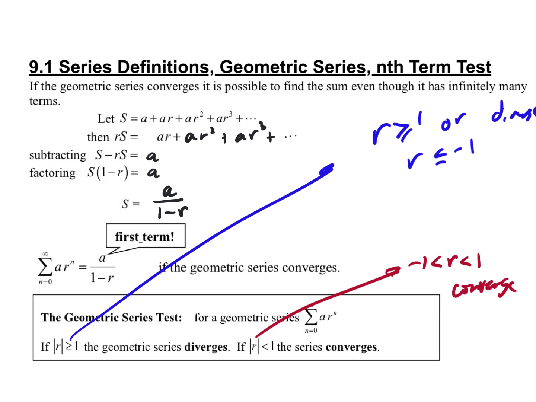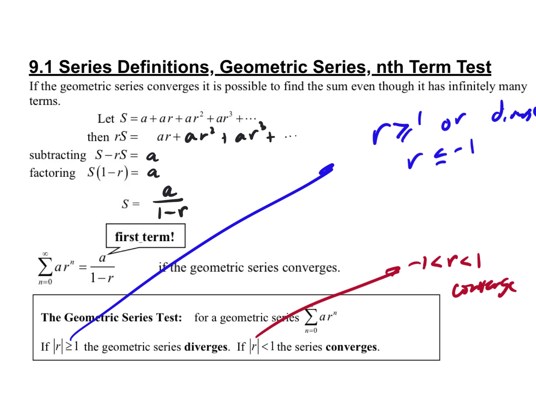And so that example that we looked at with the -3 is in the divergent area, because even though the numbers were bouncing back and forth between positive and negative, the number itself was growing. When your common ratio is a fraction, that's when it will converge. So on that last problem, what were we multiplying by every time?